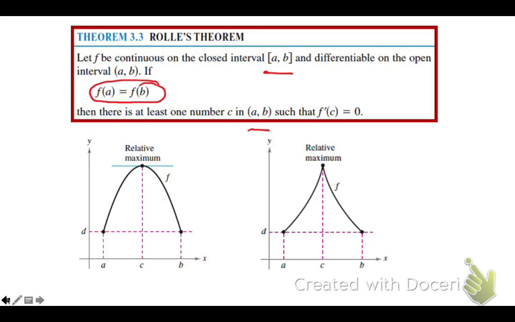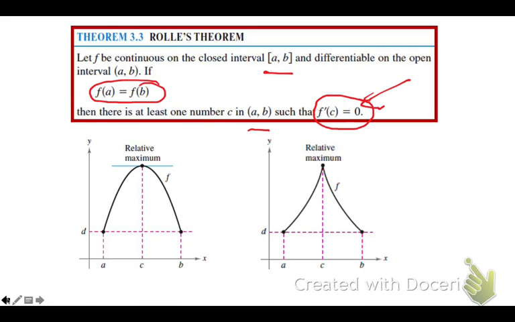No. So there at least exists one number between a and b, not inclusive, where f prime of c equals 0. What does it mean f prime of c equals 0? It means the slope is 0, meaning it is a maximum or a minimum.